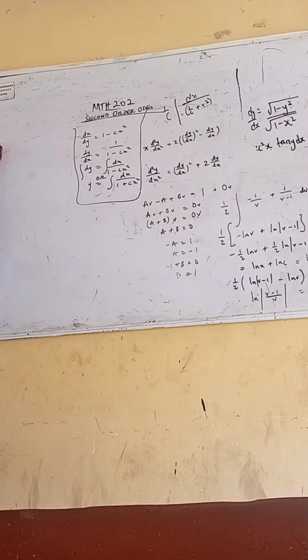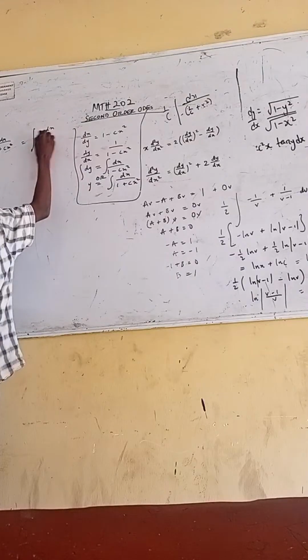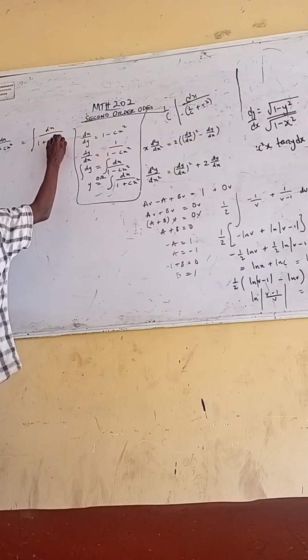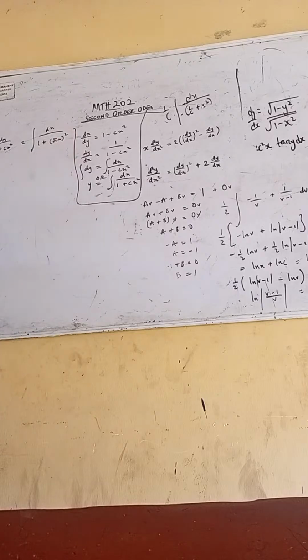So y equals the integral of dx over 1 plus cx squared. We are going to notice that this looks like arctan. So what we are going to do is write this as dx over 1 plus the square of root cx.